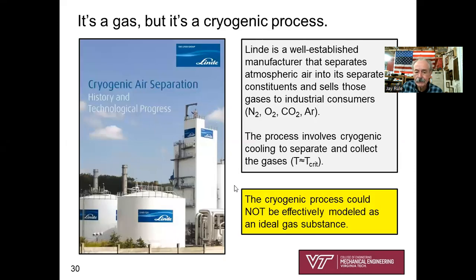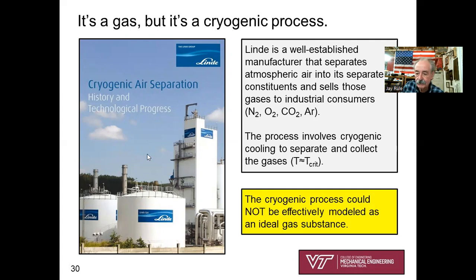Now you say, okay, here's one example of gases but it's a cryogenic process. So keyword cryogenic, low temperature. Linde is a very well-known manufacturer of bottled gases that are placed into tanks and sold to consumers.